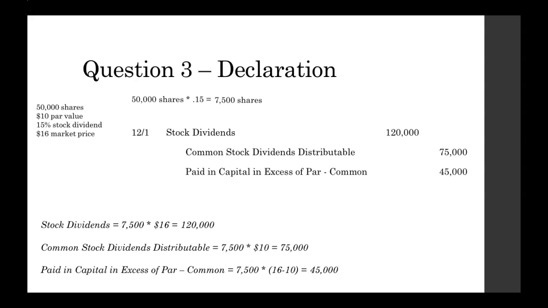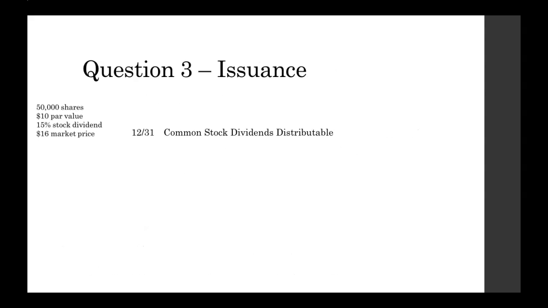You'll remember, back when we declared it, we credited that account. So here, we debit our common stock dividends distributable, and we credit common stock, because we are handing out common stock right now.